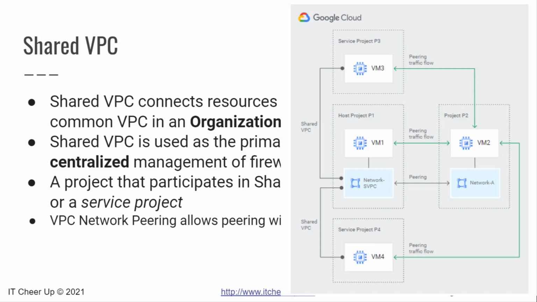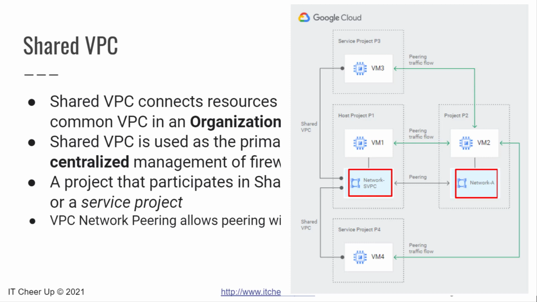You can see in this diagram, network SVPC is a shared VPC network in the host project P1. Service projects P3 and P4 are able to attach VM instances to the network SVPC. Network SVPC peers with the network A.